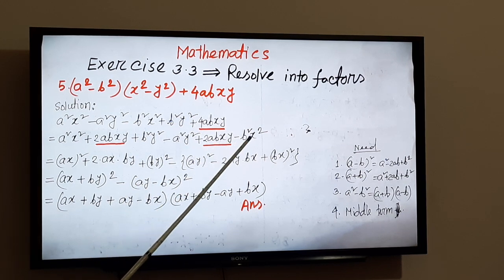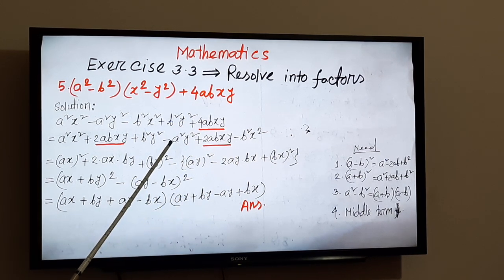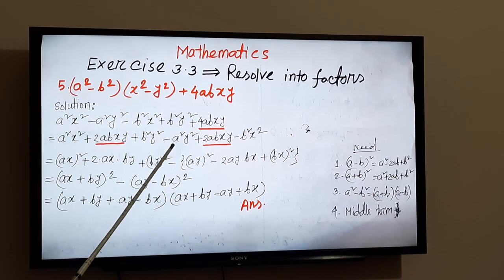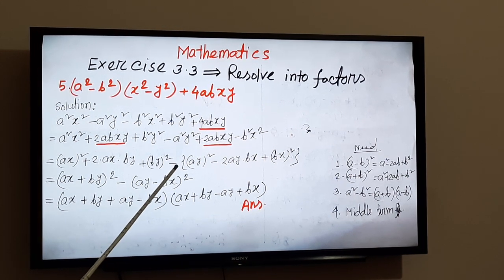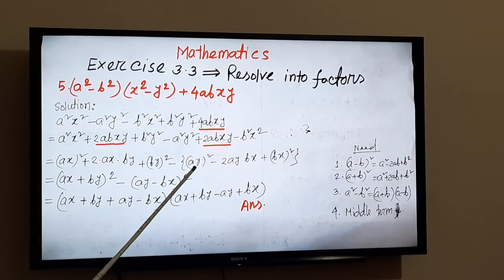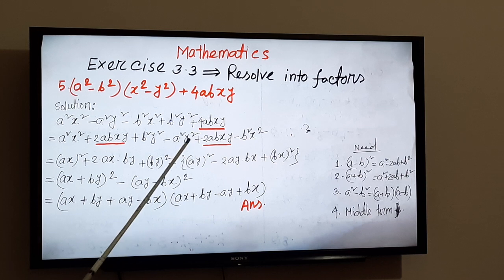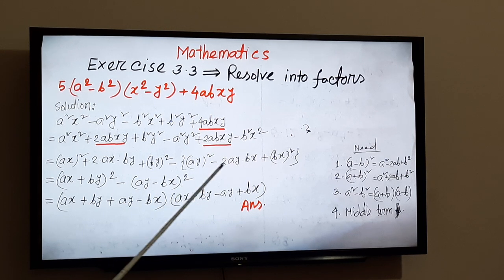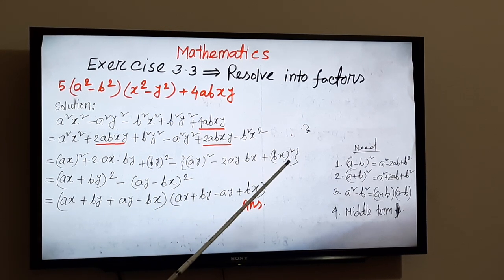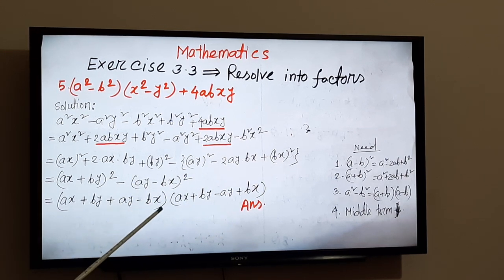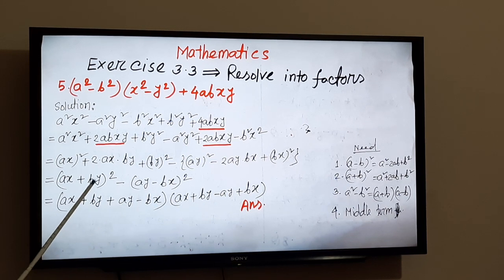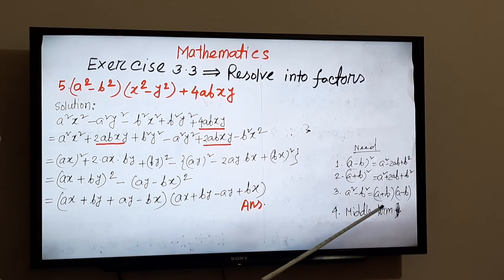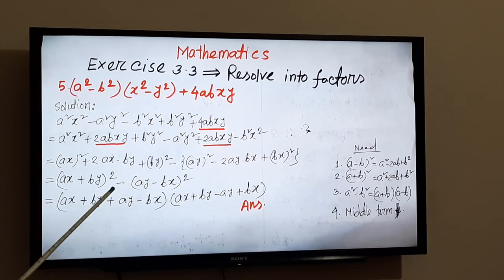In the second portion, taking minus 1 common, we can write it as ay whole square plus 2ab minus b square, and we can write it as ay minus bx whole square. That means a square minus b square. Now we can apply the third formula: a square minus b square is equal to a plus b into a minus b.